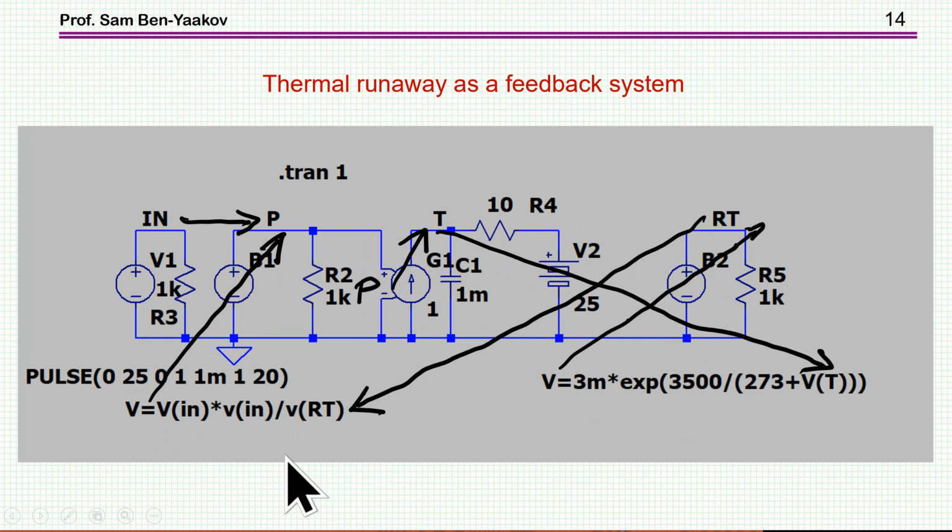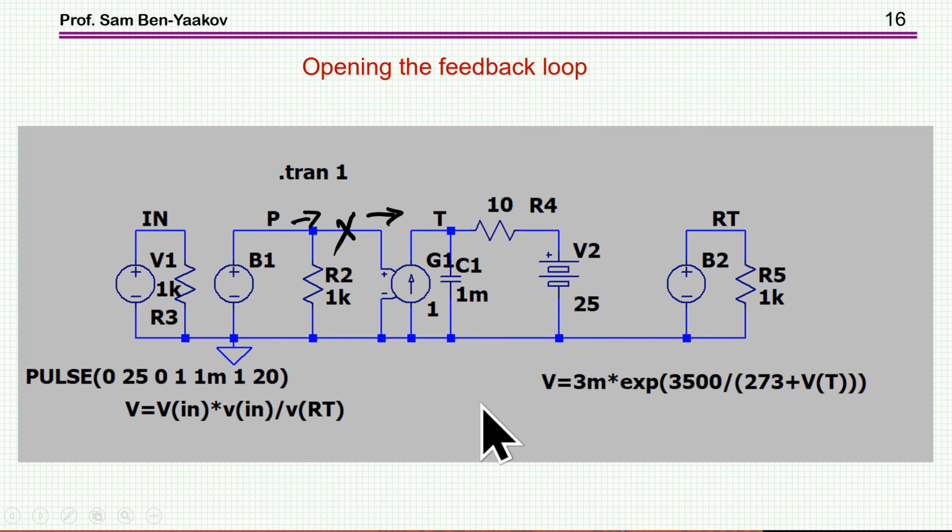Obviously, it's a nonlinear feedback loop, so linear analysis is inappropriate unless you have a specific operating point and you linearize the system. So let's have a look and see what we can do in order to understand what's going on as far as the feedback system goes. The first question is where to open the loop in order to examine the loop gain for stability and the feedback effect.